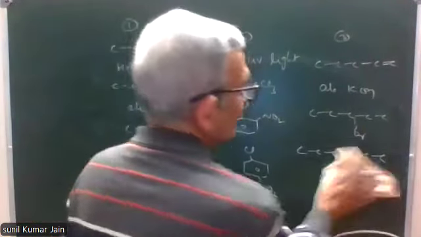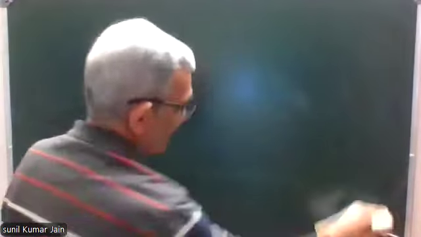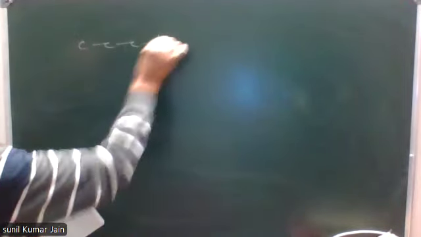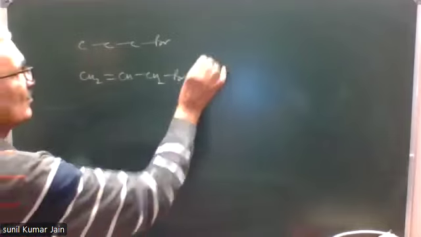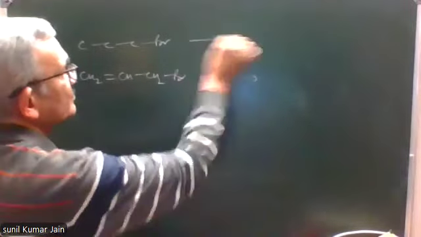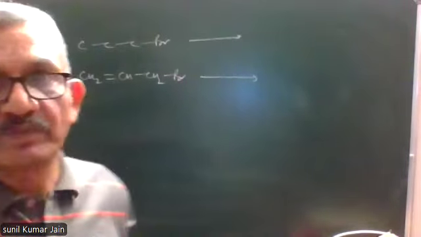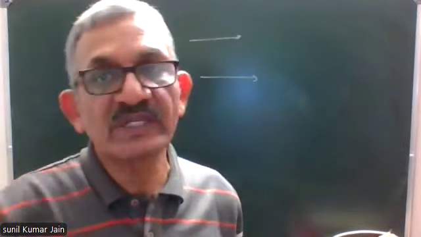Distinguish between normal propyl bromide and allyl bromide. Allyl bromide has unsaturation. You'll perform the test for unsaturation.